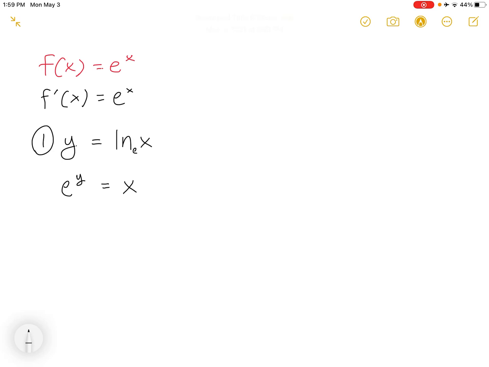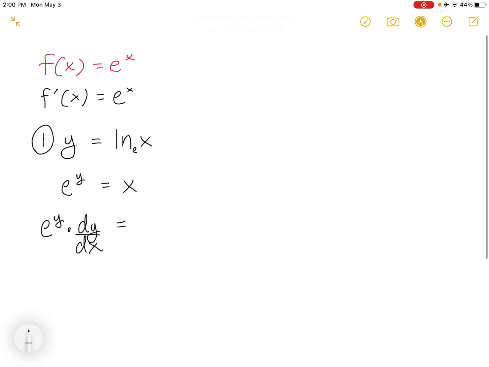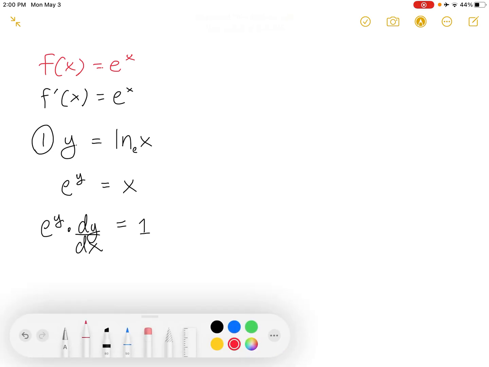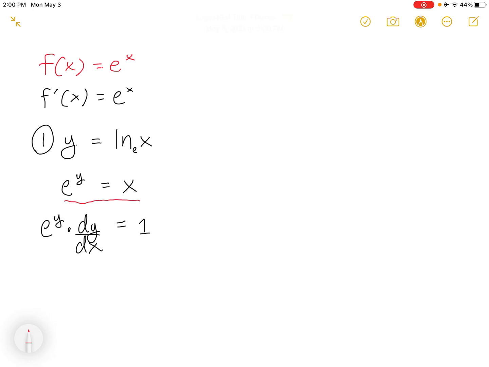Okay, so we're going to be looking at some implicit differentiation here. So if we take the derivative of the left side, well, the derivative of e to the y is just e to the y times dy dx. And the derivative of x is 1. Okay, now we can do a substitution though, because e to the y equals x. So I can take this and sub it in here.